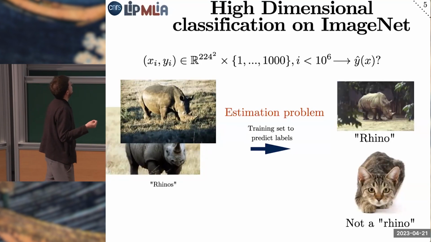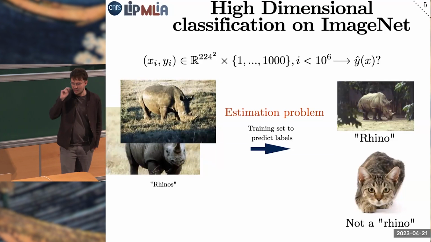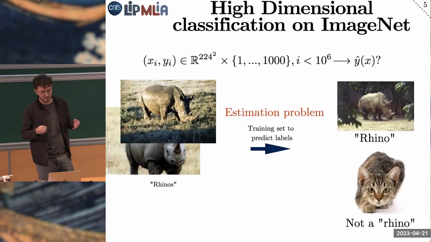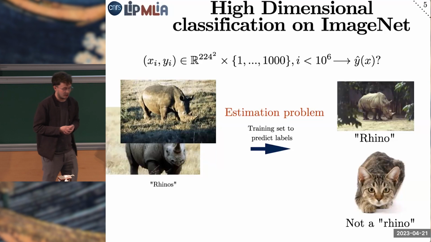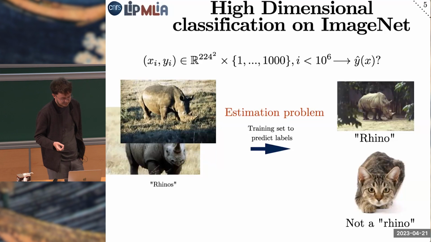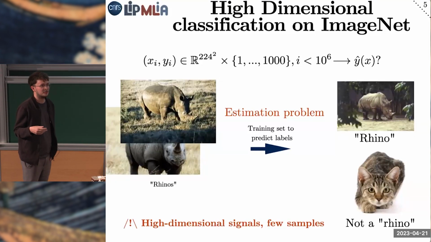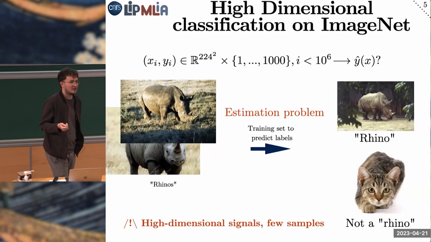If you think about it, when you want to classify images, and that's something that Stefan kept telling me for many years, you really need to solve a very difficult problem because you have a lot of samples, and despite the fact you have a lot of samples, the dimensionality of the samples is super high, which means that at the end of the day, you have few samples compared to the ambient dimensions. So in fact, performing an image classification task on a dataset like ImageNet is quite involved and quite difficult.